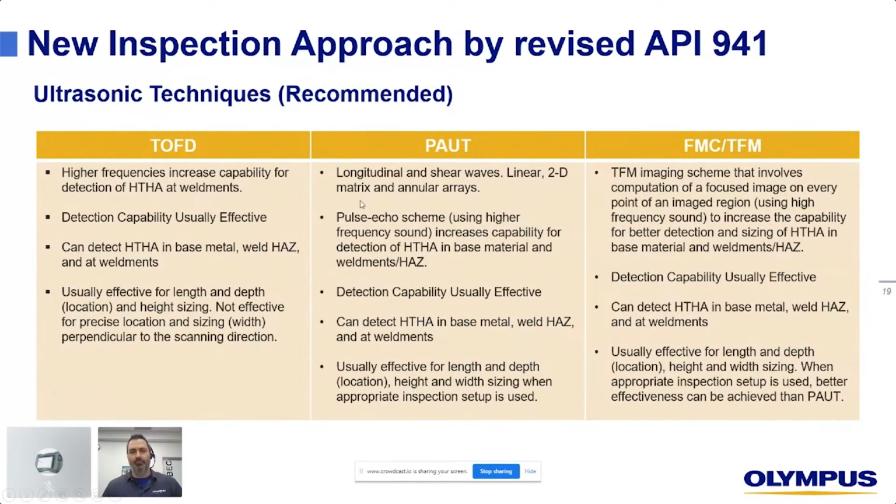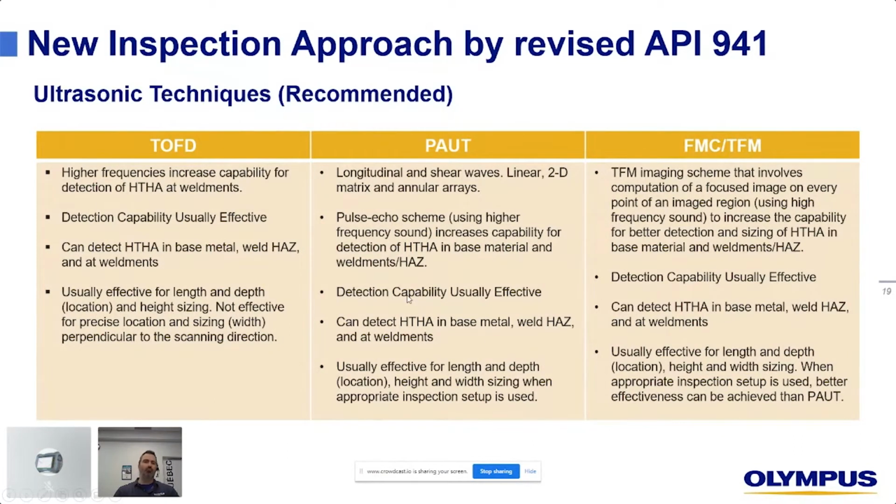Phased array ultrasound, whether we use longitudinal wave or shear wave, 1D linear probe, 2D matrix probe, pitch-catch, all those are available. Pulse echo scheme using higher frequency sound increases capability for detection of HTHA in base material and weld.